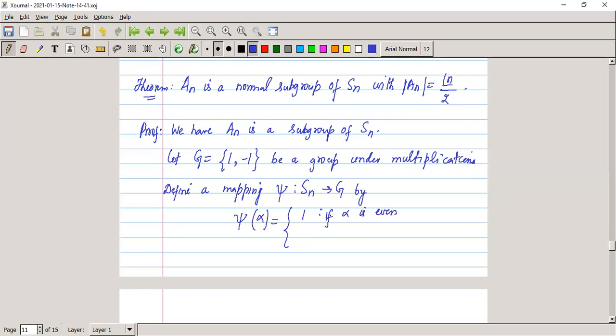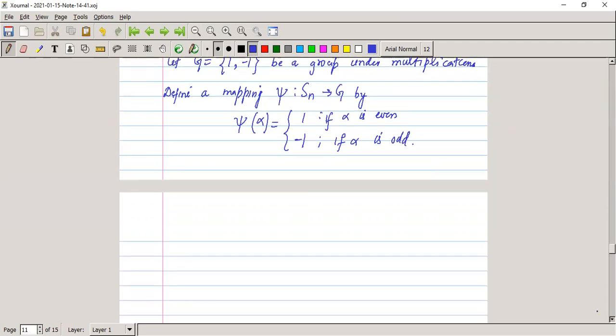So if alpha is an even permutation, then we define psi of alpha equal to 1, and this is equal to minus 1 if alpha is an odd permutation. Then it can be easily seen that psi is a homomorphism.